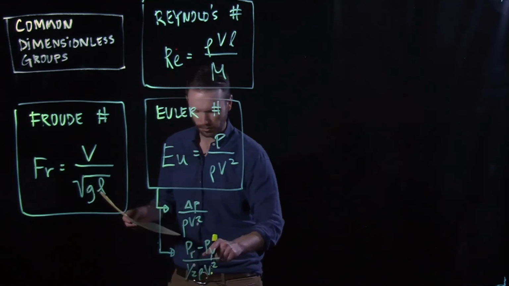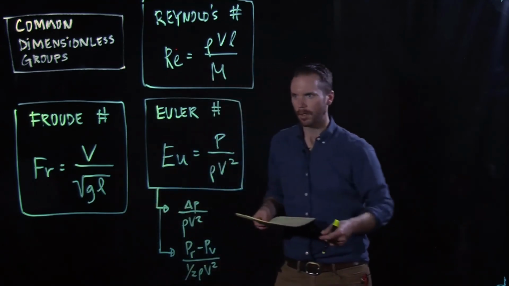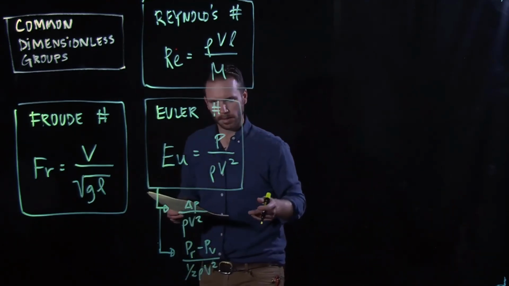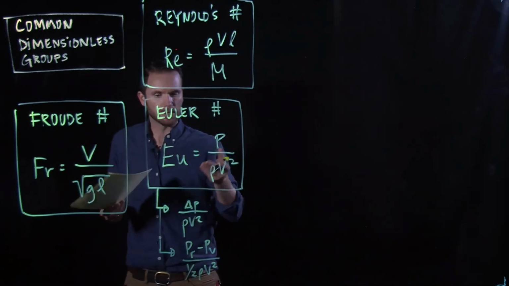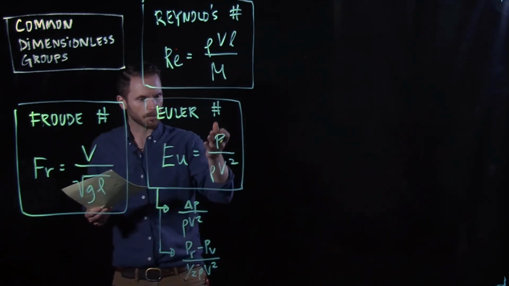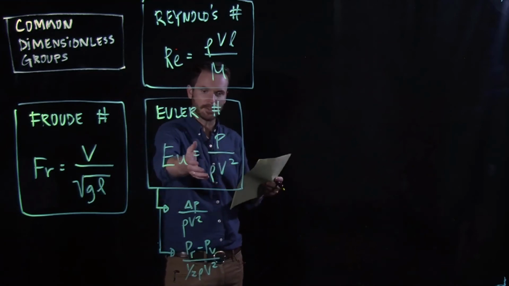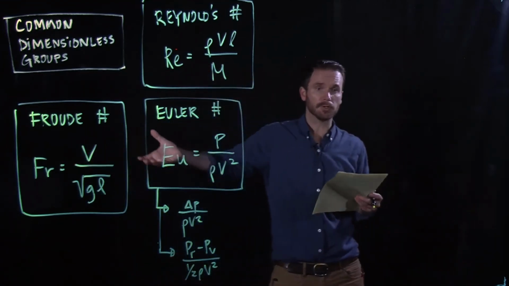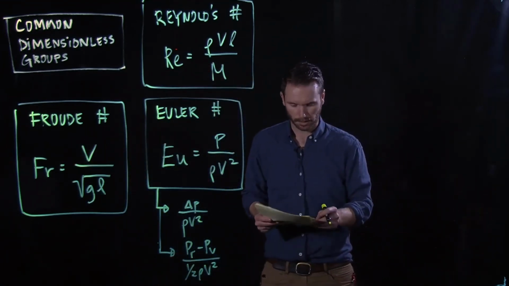And this is also called the cavitation number, but it's just another form of the Euler number. And the Euler number appears in cases and problems where pressure is going to be very important, especially in relation to the actual velocity of the flow, the inertial forces that are being developed within the system.